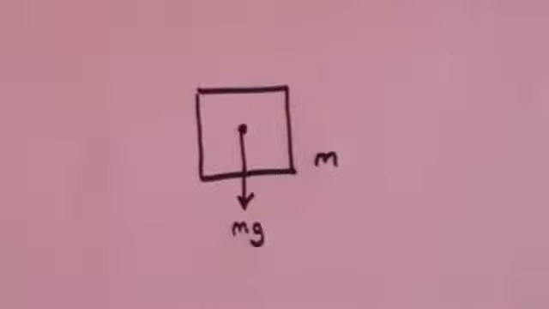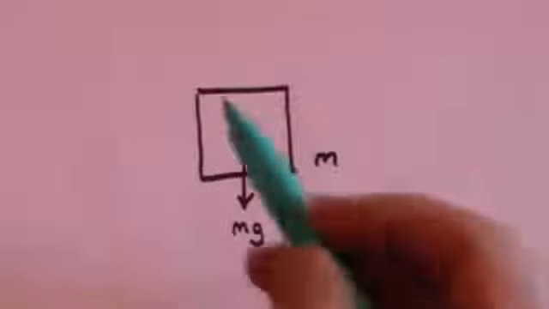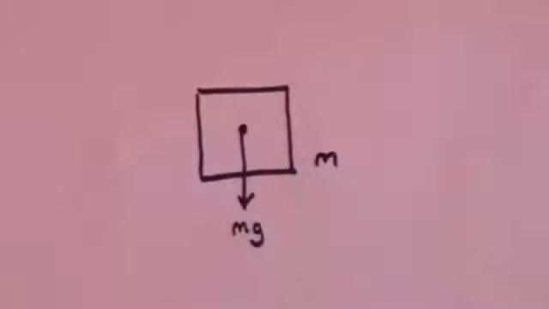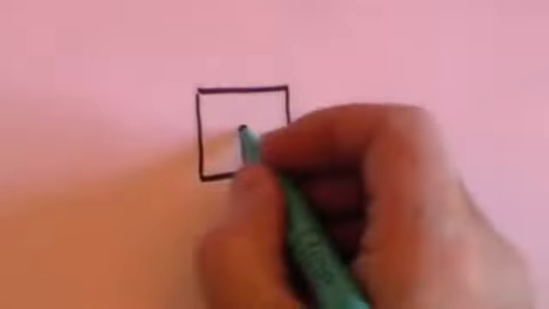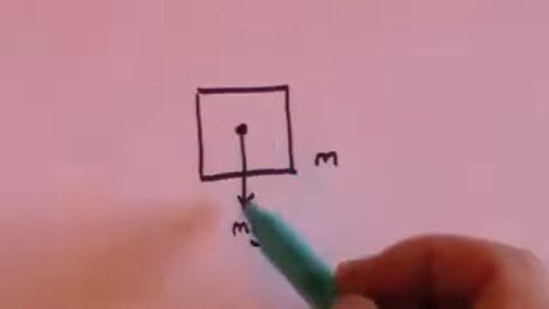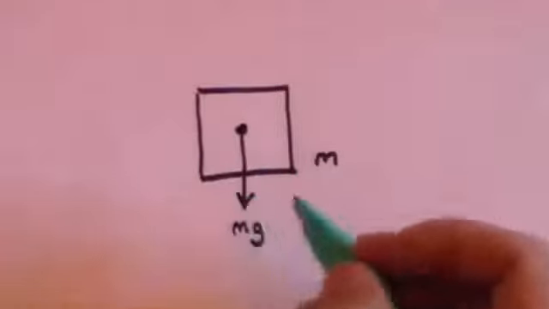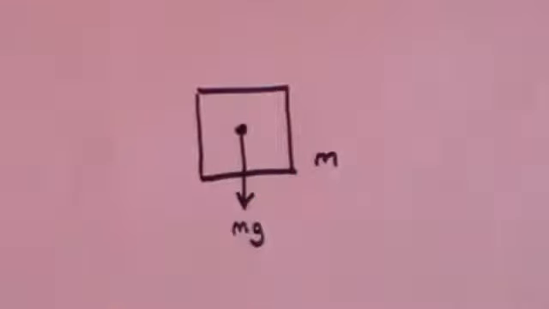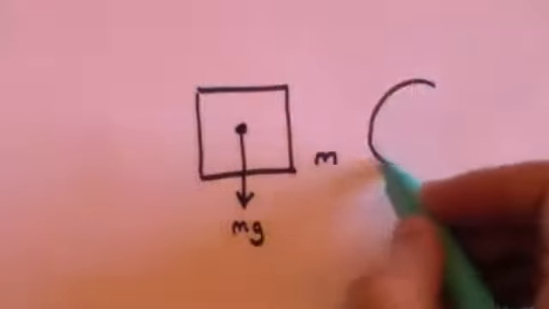So if you've got a body which has a finite size like this, and you're saying, well, where exactly does the force of that body apply? The answer is that you can regard the whole mass as being at a point which is called the centre of mass, and consequently the force associated with that in a gravitational field is equal to mg. Well, that's fine if you've got a regular sized object.